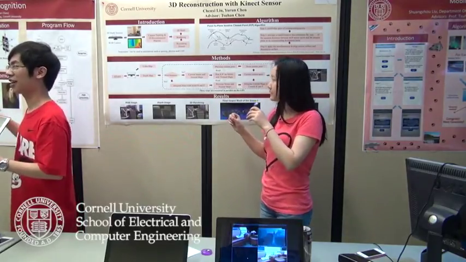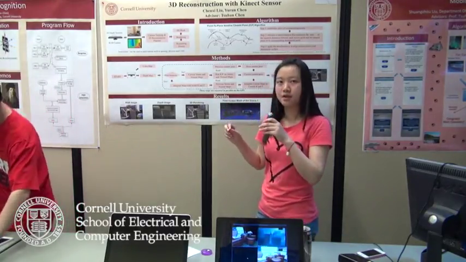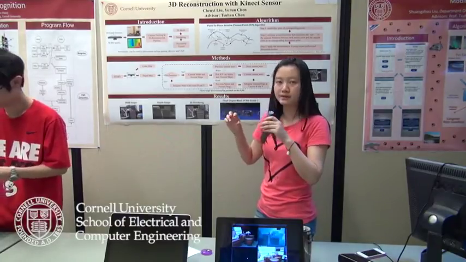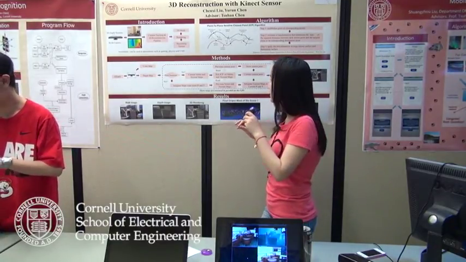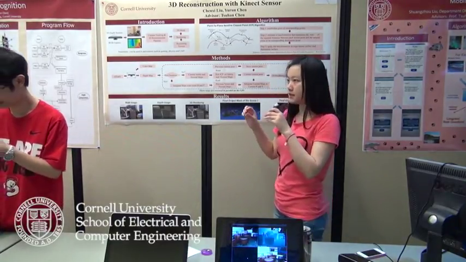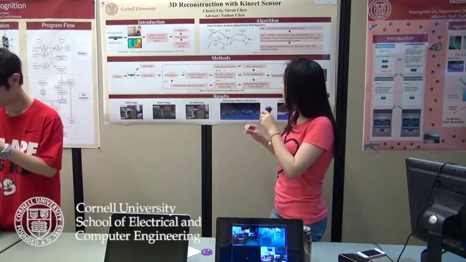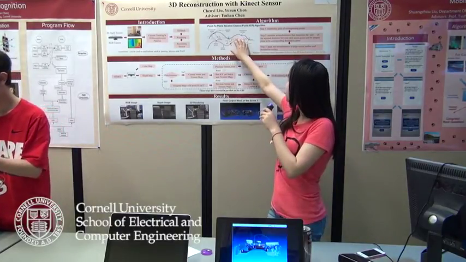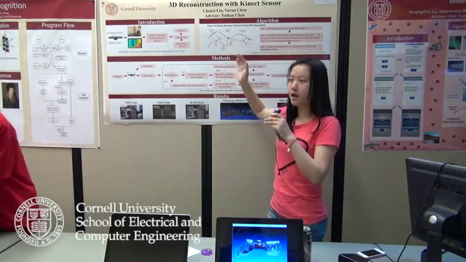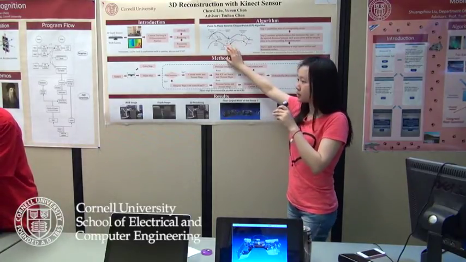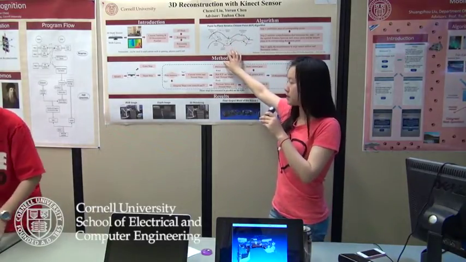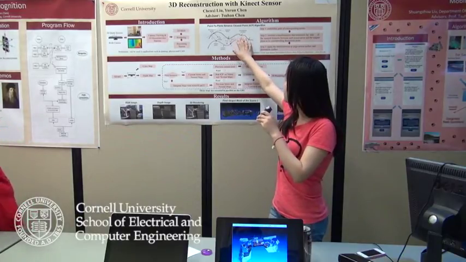Once we get the image from the Kinect sensor, we'll change it to a point cloud using the Point Cloud Library. In order to achieve 3D reconstruction, we are using an algorithm called the iterative closest point algorithm. In this algorithm, we assume there are 2 surfaces, one source surface and one destination surface.